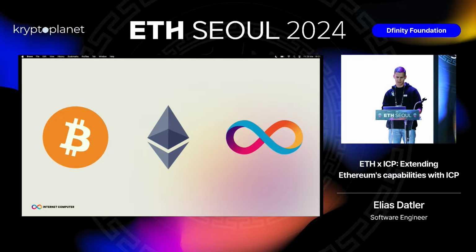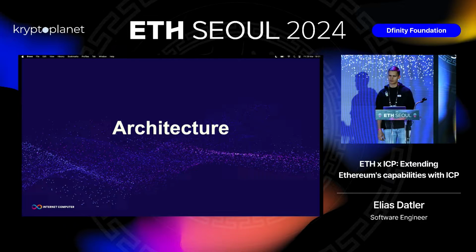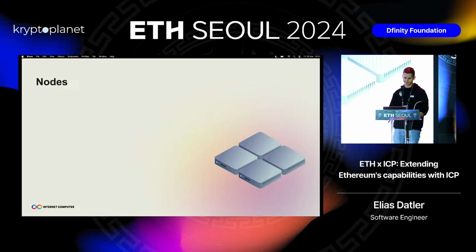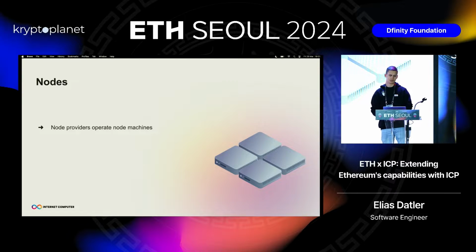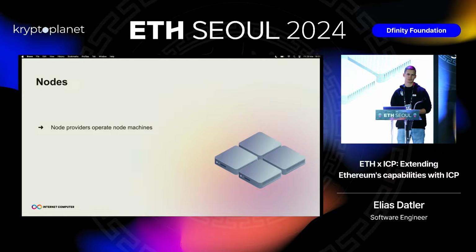Now, let's take a look at the architecture of the internet computer for a bit. At the base layer, we have what's called nodes, and those are run by independent node providers from all over the world. And that's quite different if you compare it to Ethereum, right? On Ethereum, we have about 70% of the nodes running on AWS and other centralized cloud providers.